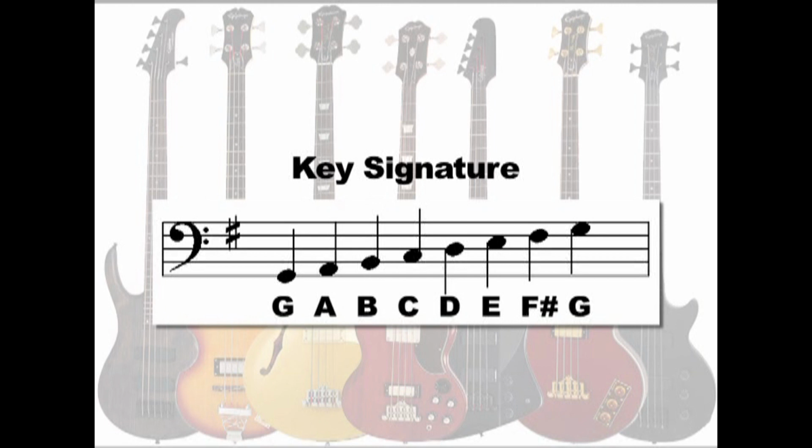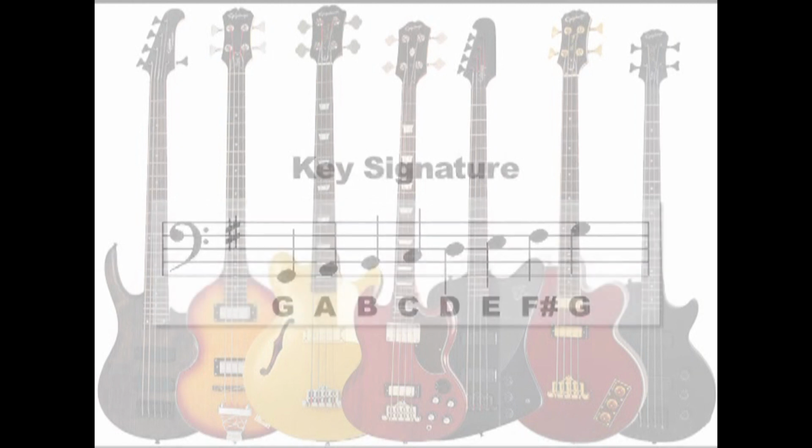Simply put, a key signature is a group of sharps or flats at the very beginning of a staff line. The sharp or flat note in the key signature indicates that all notes of the same name will be altered throughout the piece of music. For example, if the key signature has a sharp symbol on an F, you are to play F sharp in place of F for the remainder of the piece of music, unless otherwise indicated by another accidental symbol.